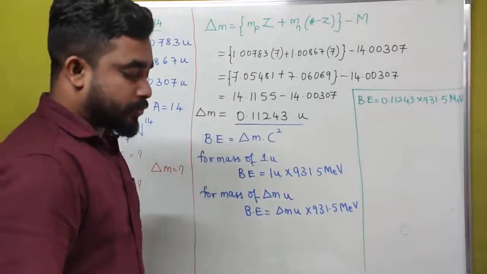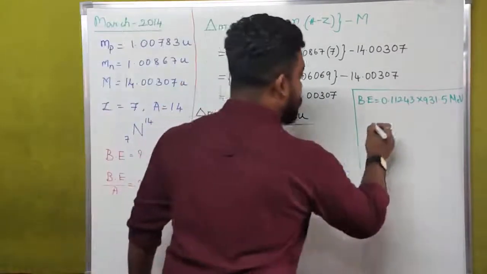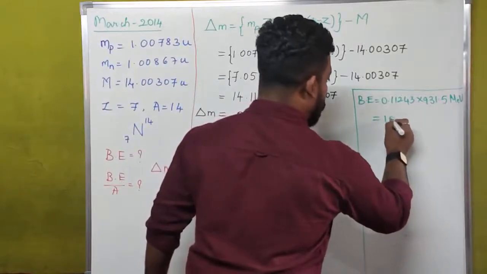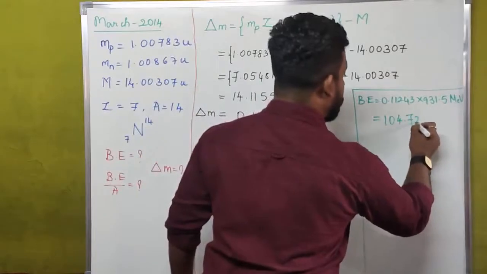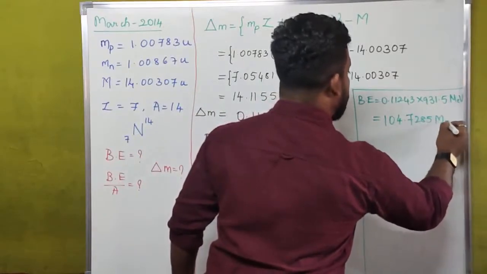If we multiply these two, what we will get here is 104.7285 million electron volt.